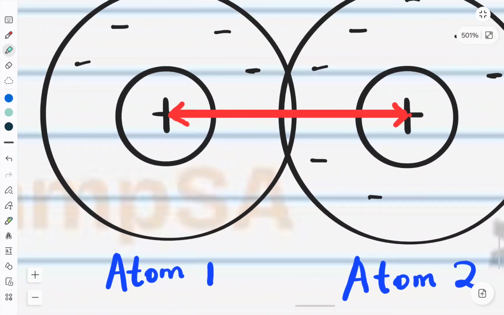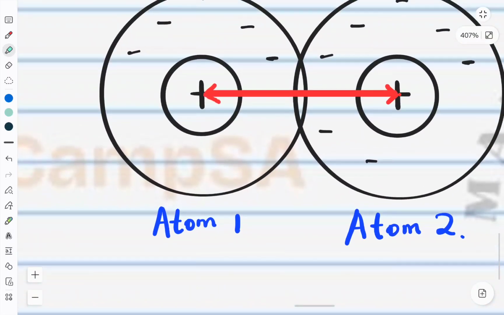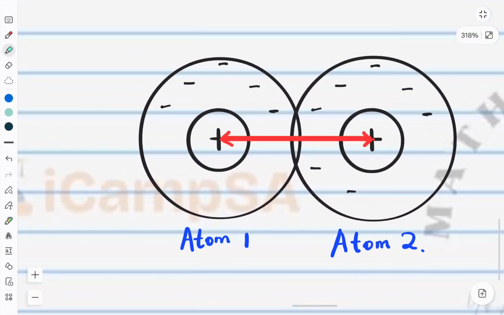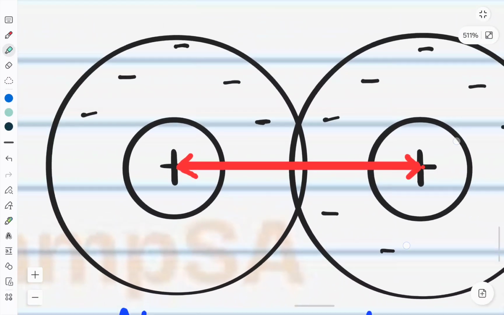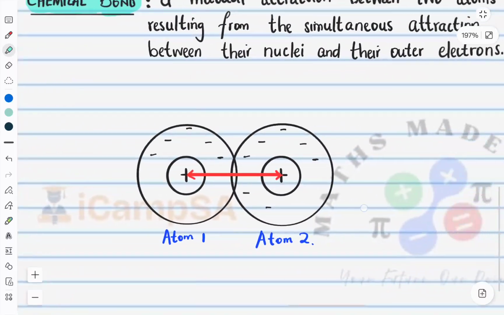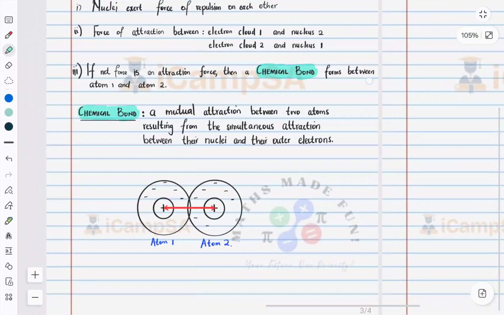This brings us to our next focus. Once these two atoms are in a chemical bond, they will exist at that distance. Let's check how it affects everything.